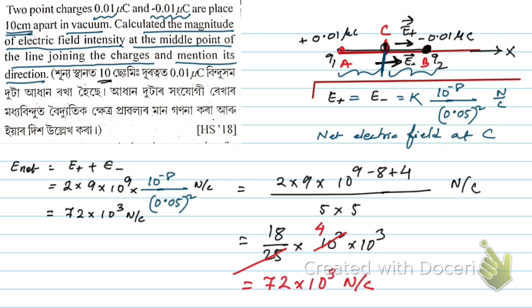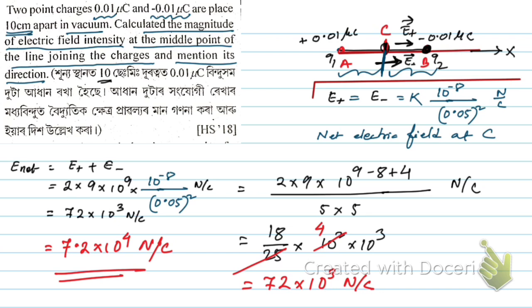This is Newton per coulomb, right? So this is what we have got here. If you write this in scientific form, then 7.2 into 10 to the power 4 Newton per coulomb, right? Hope you have understood this.